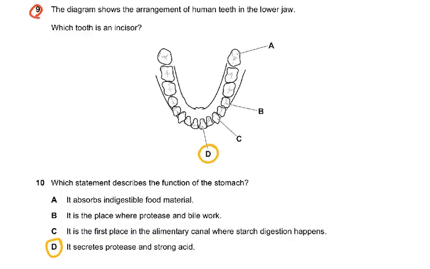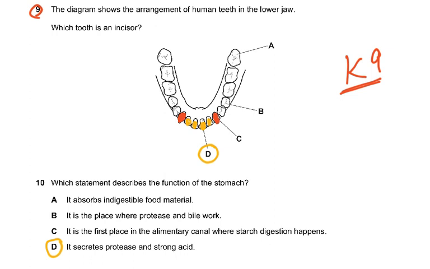Question 9. The diagram shows the arrangement of human teeth in the lower jaw. Which tooth is an incisor? You know that the front four teeth are the incisors. So if you look at these, this is incisor, this is incisor, this is incisor, this is incisor. And then you have the canines on the sides. If you remember, there was a film called Canine, which was about dogs.